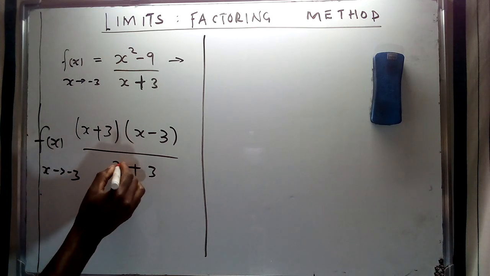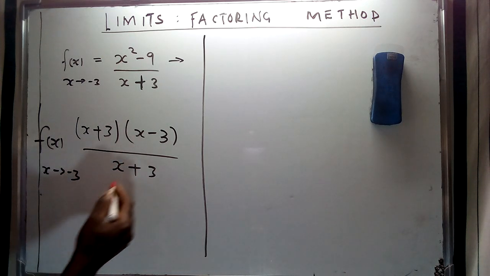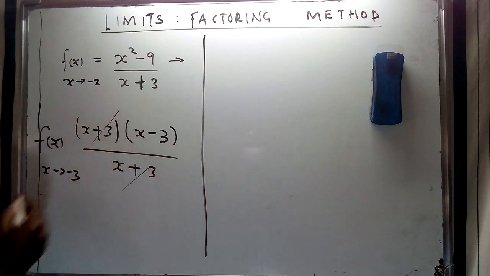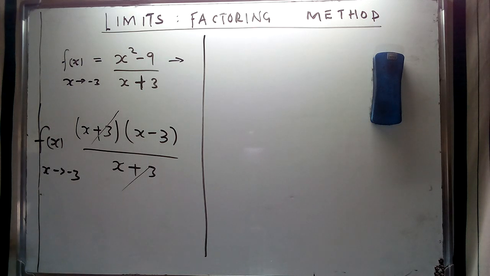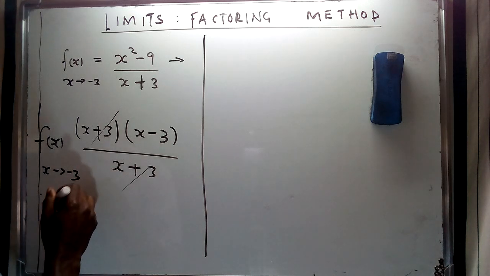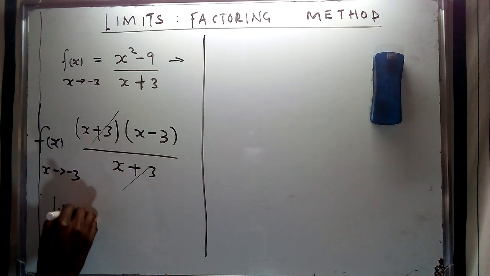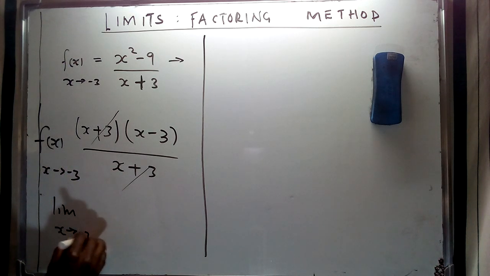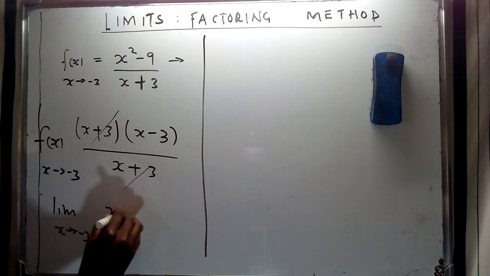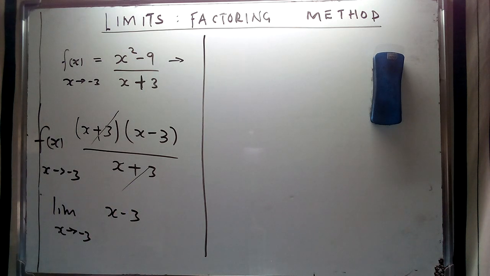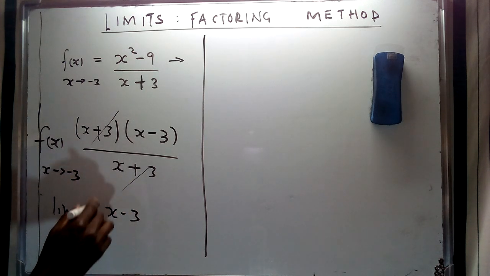In a sense, we're going to see that this can be cancelled, since it consists of specific factors which are similar. This expression is going to be reduced to the limit as x approaches -3 of x minus 3. So this is going to be the value of f of x.